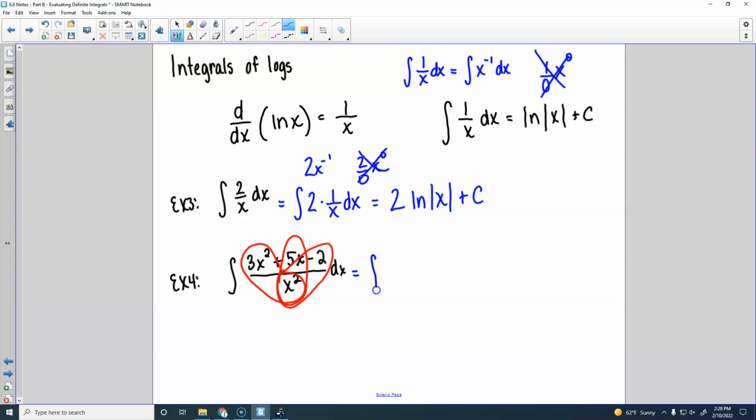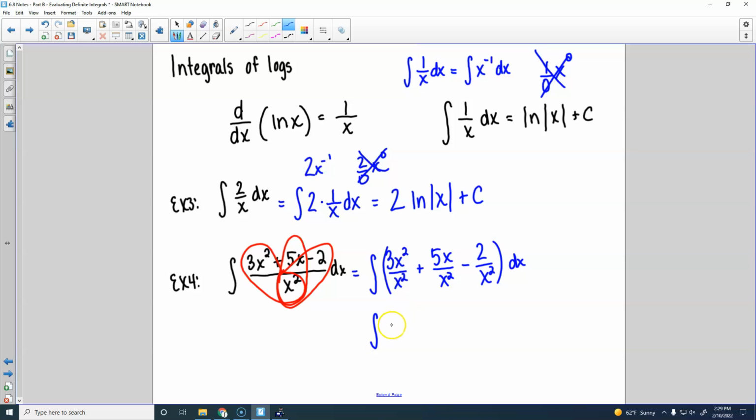All right, so I'm going to write every step just so you're with me. That means we're doing 3x squared divided by x squared. You probably might skip this step. That's fine if you do. 5x over x squared minus 2 over x squared. All of that has the dx still there at the end.